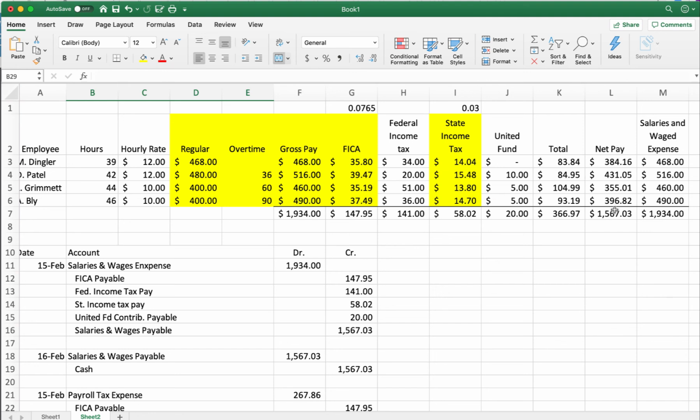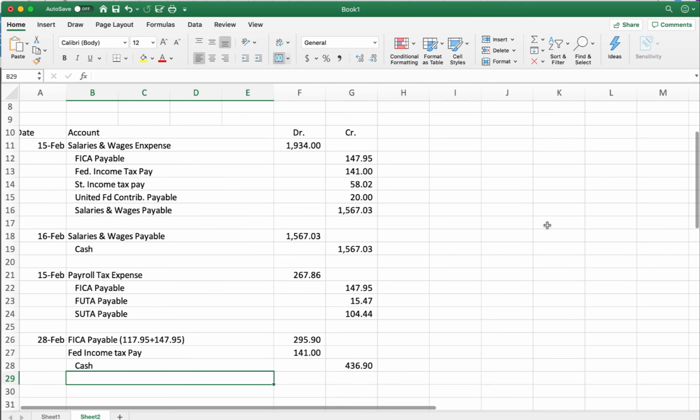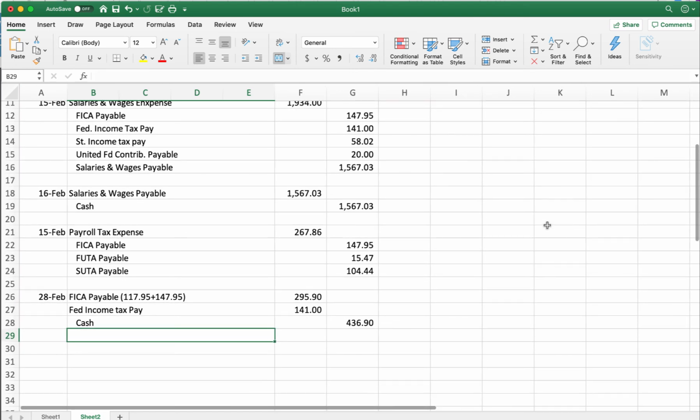That's easy. To figure out net pay, you take all your withholdings, FICA, federal income tax, state income tax, and United Fund contribution, and you add them up. That's your total, okay? To get the net pay, and the net pay equals the salaries and wages payable. To get that number, you take your gross pay, you subtract out your total withholdings, okay?